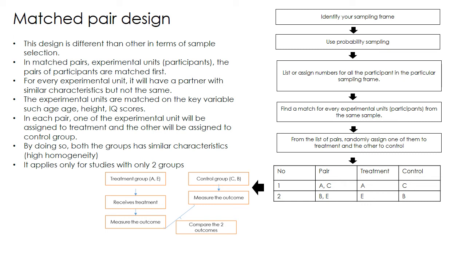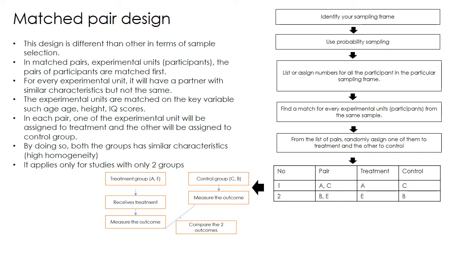So in that same sample, in that 400 participants, what you do is you find a person who is a male with chronic heart disease. So you will have a pair of patients who have similar age and medical condition. So you do the same for the second one until you get 200 pairs.